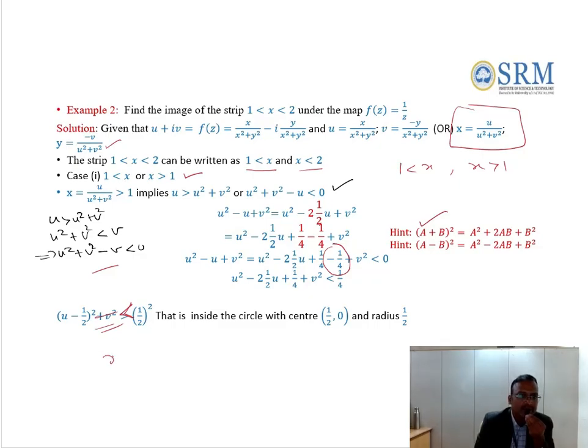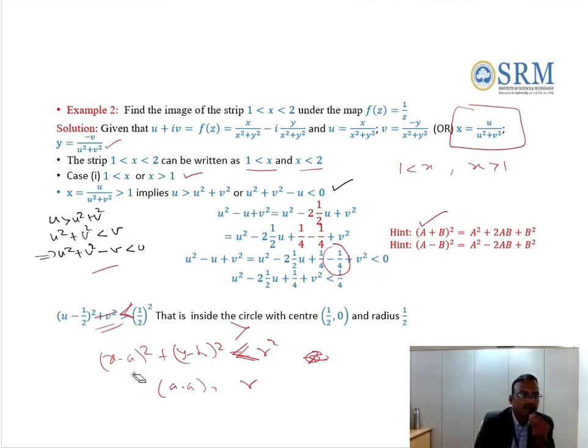What does it mean? (x − a)² + (y − b)² = r² means it is a circle with the center (a, b) and radius r. Now, if you have less than r², it means it is inside the circle. If you have (x − a)² + (y − b)² greater than r², it means it is outside the circle.